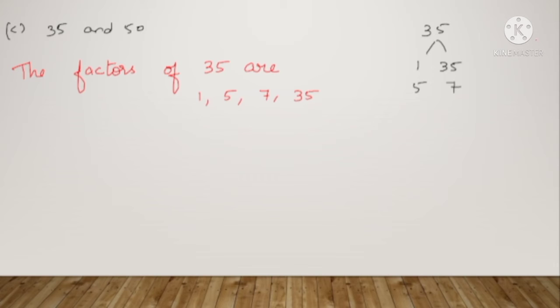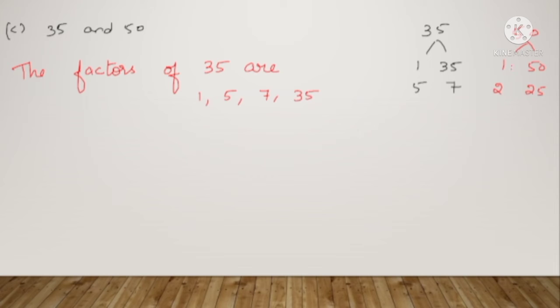Now we have to find the factors of 50. 1 50s are 50, 50 1s are 50. 2 25s are 50. How will you find it? You have to divide the number by 2. Not only that, by the divisibility test, if a number ends with 0, 2, 4, 6, 8, then the entire number is divisible by 2. So with that concept you can check.